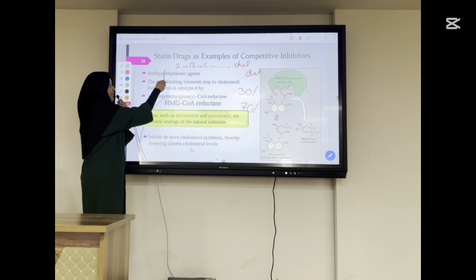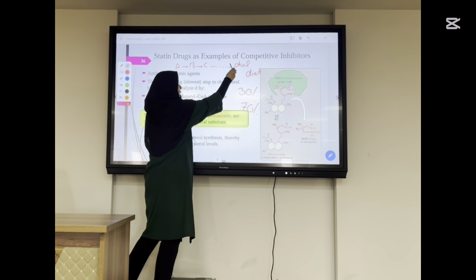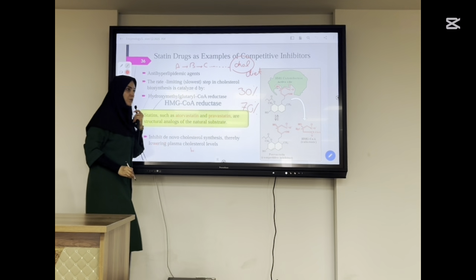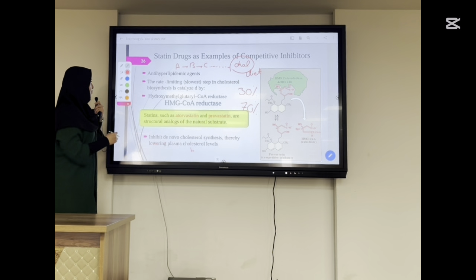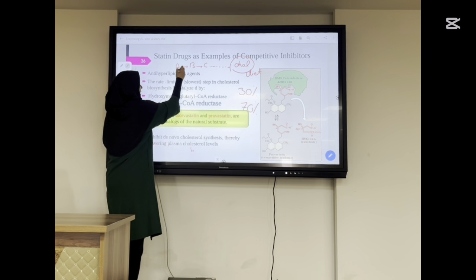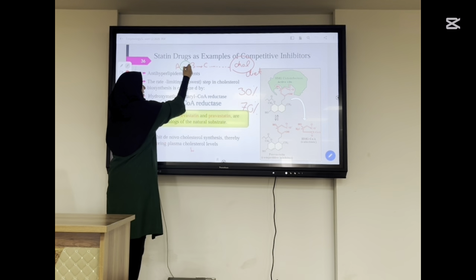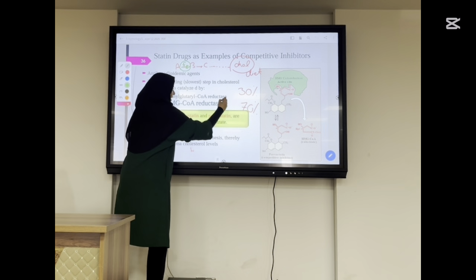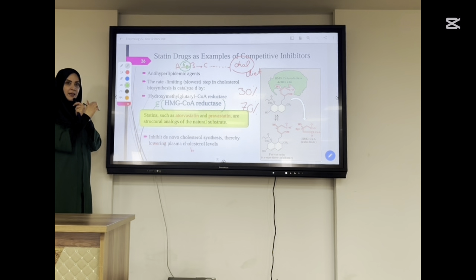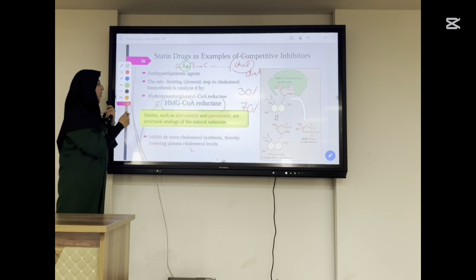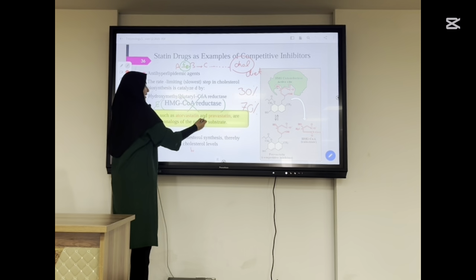If I want to inhibit the production of cholesterol, I have one key enzymatic reaction, and the name of the enzyme is HMG-CoA reductase. HMG-CoA reductase. If I want to inhibit the production of cholesterol, I have to inhibit this reaction.